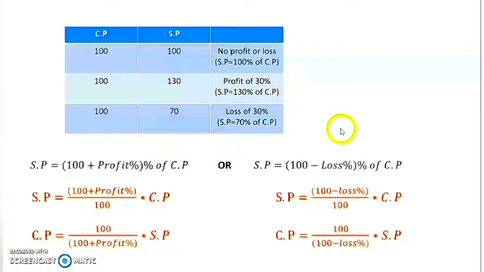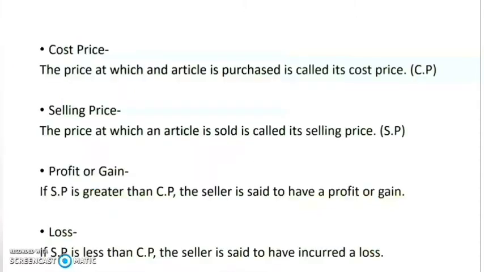Now I'll just revise the definitions and the formulas we have learned. The cost price is nothing but the price at which the article is purchased and is written as CP. And the price at which an article is sold is called the selling price and is written as SP.